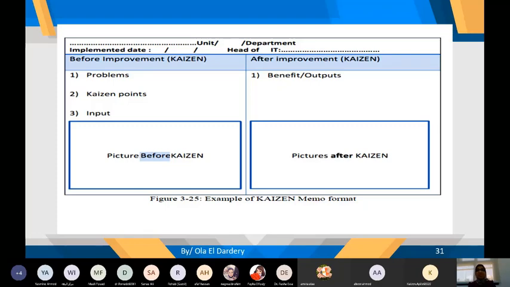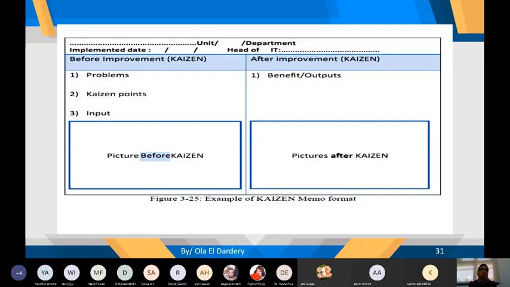As we said, these are the steps of implementing a Kaizen event. In the very beginning, the second step was to document the state before we start Kaizen. So before improvement, what are the problems or the issues that we need to improve, not necessarily problems as we said, what are the Kaizen points, and what are the inputs that we can add to this particular project.